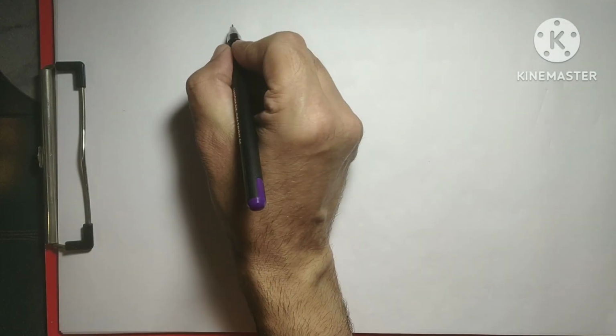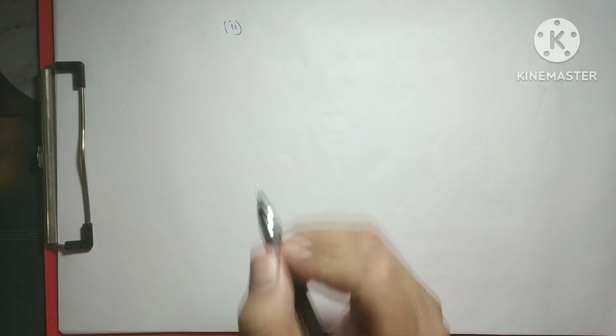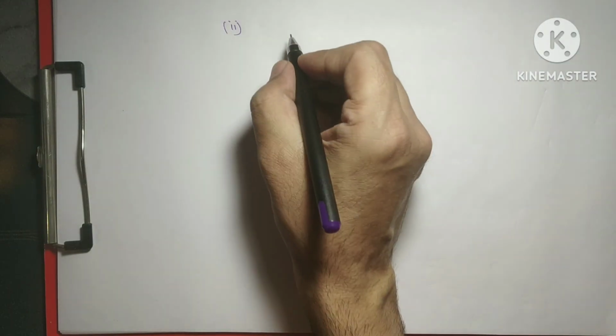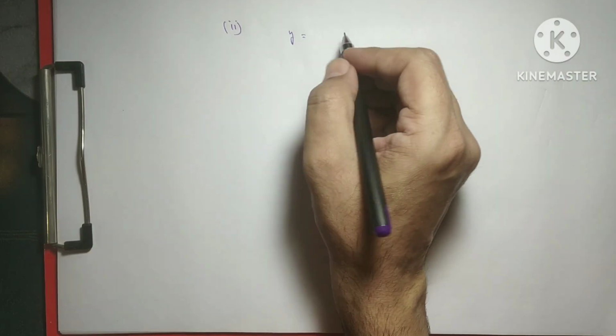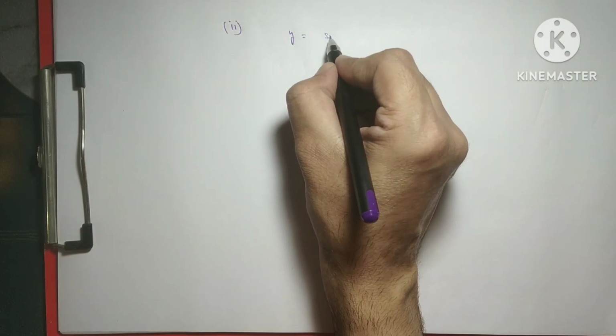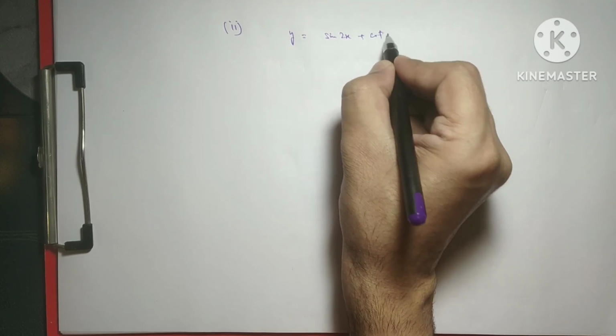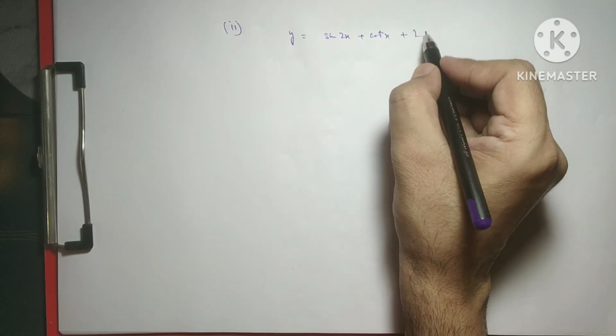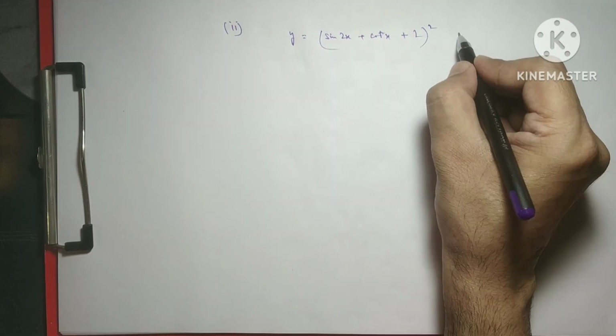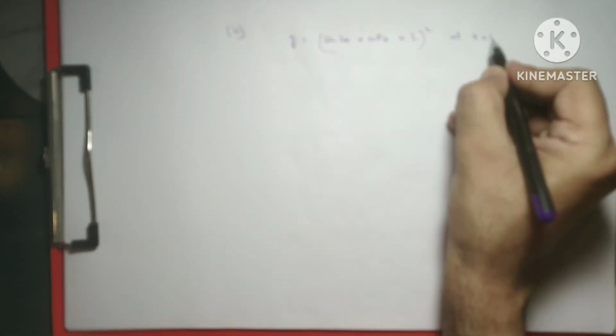Now the second part, for getting the slope of tangent and normal, we are taking a trigonometric function. So it is y equals to (sin 2x + cot x + 2) whole square at x equals to pi by 2.